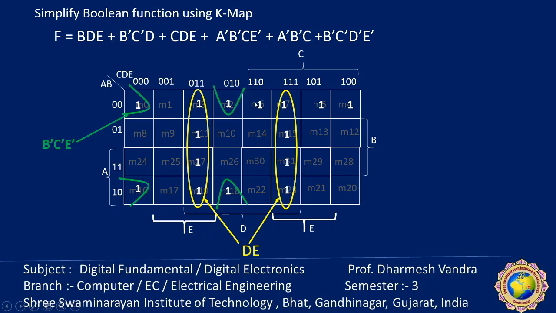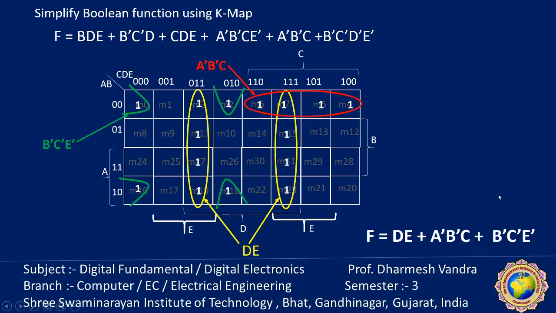Then I got only the third function, and it looks like where the value of AB is 0, 0, and C is equal to 1. So A dash, B dash, C. In these 3 literals, every minterm is covered. And this is the real knowledge about digital logic circuits: logically, you must work in such a way that the functionality never changes, and with the minimum logic we satisfy the same function.